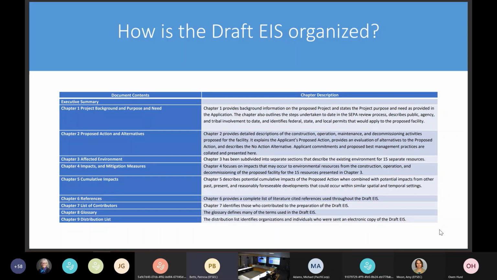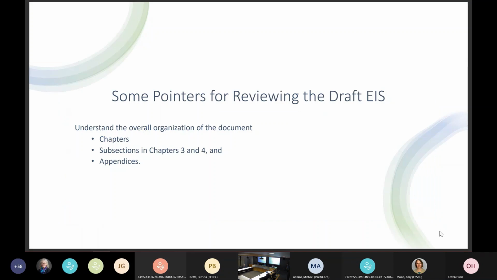We can move to the next slide. So I just wanted to provide a few pointers for reviewing the draft EIS and understanding the overall organization of the document. It's important to understand that all the chapters are interrelated. Don't be surprised if you end up moving between chapters as you read about a particular topic.